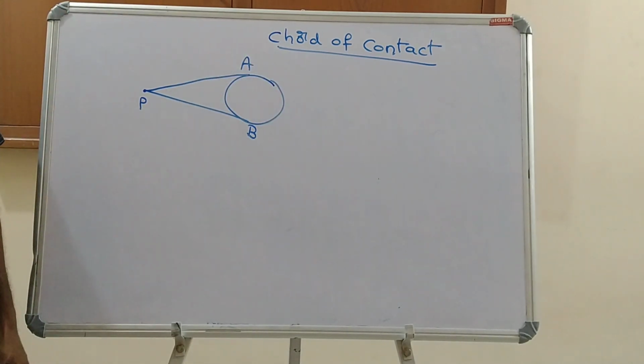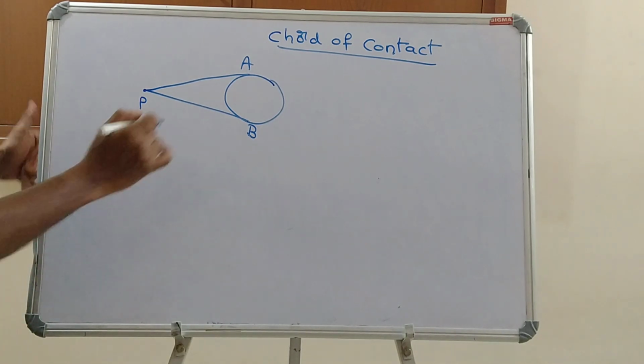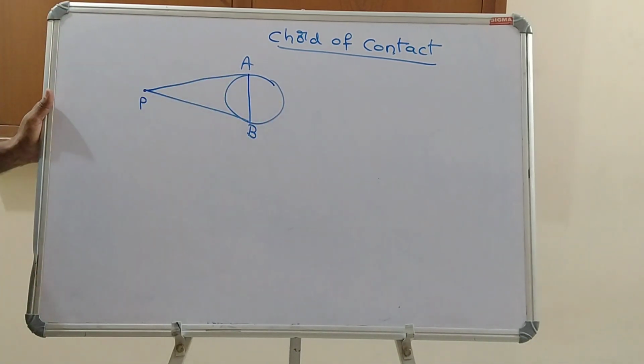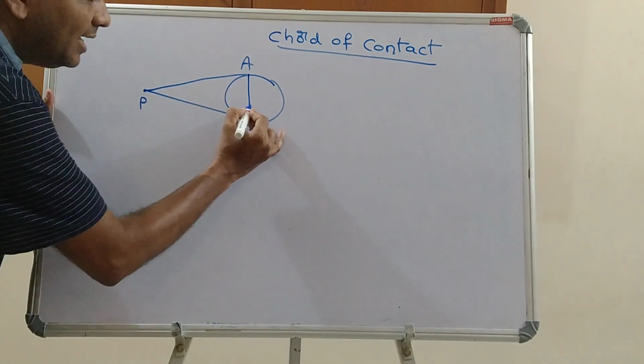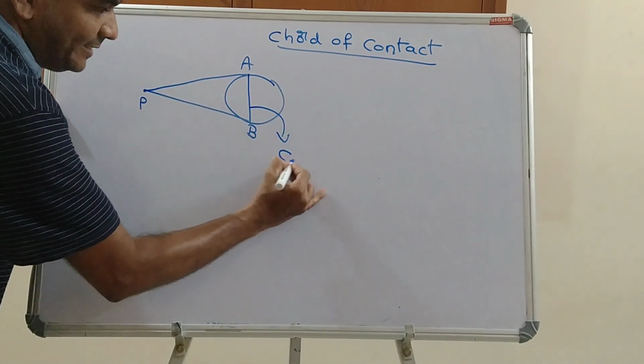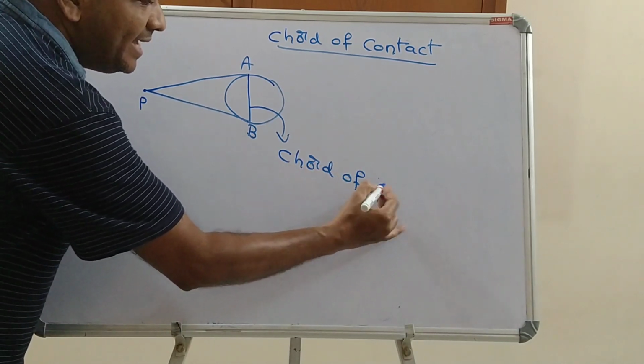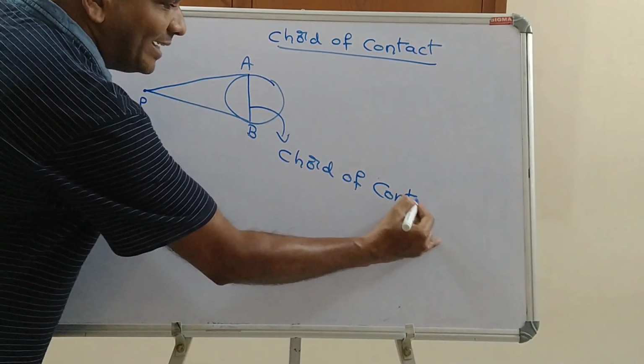Now, the chord joining the points of contact is called the chord of contact. So, AB is called the chord of contact.